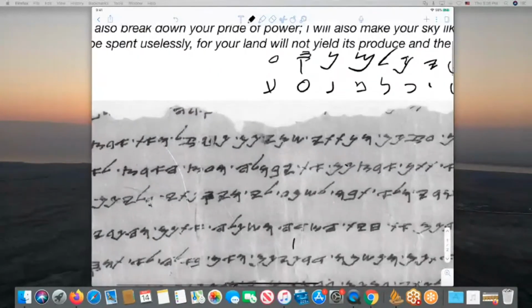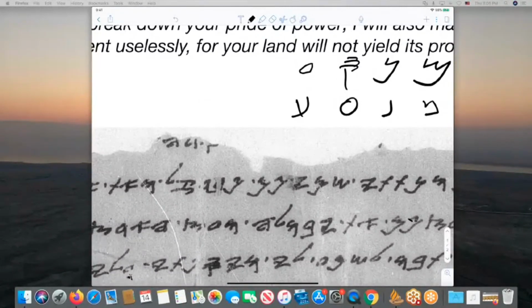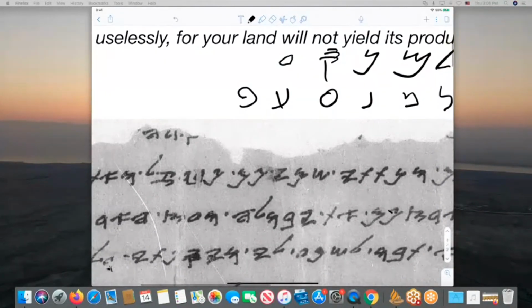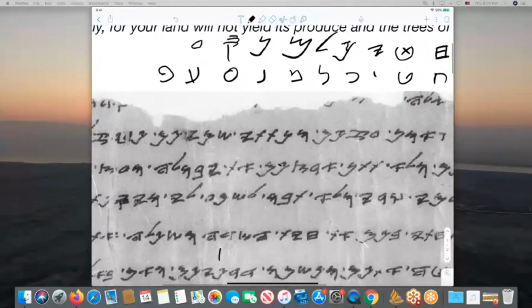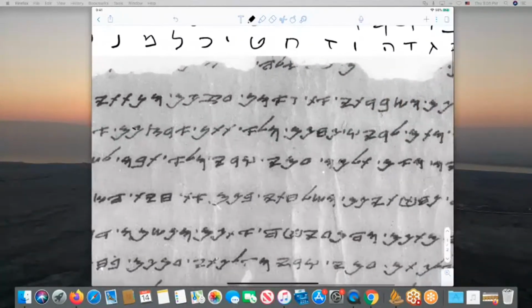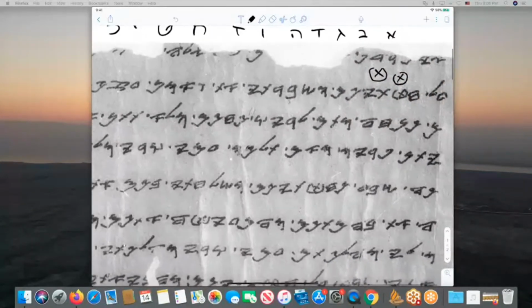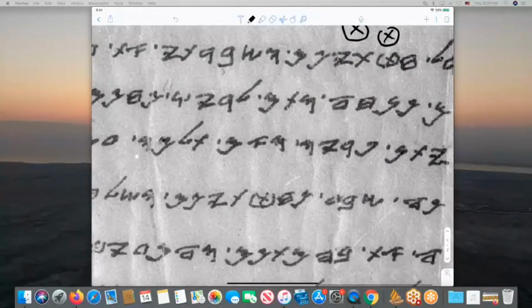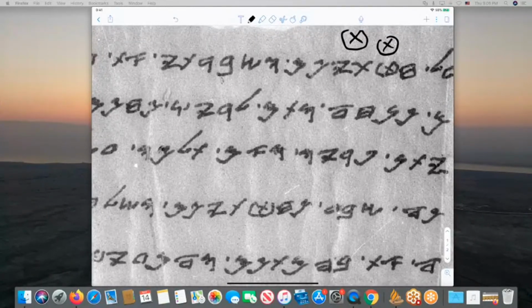Then we're going to have a Pei. That's kind of how I'd make a block Pei. And a Pei is going to look really close to a Nun, except here we have the word piryo, its fruit. It will not give its fruit. And so here it looks like that kind of.